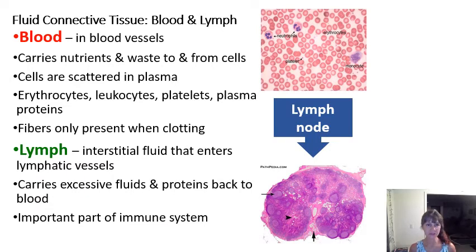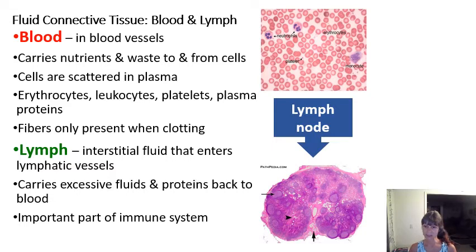This takes us to fluid connective tissues, which include blood and lymphatic fluid. Blood is found in blood vessels as well as in the heart, and it's responsible for carrying nutrients and waste to and from the cells of our body. The cells found in blood are scattered in a fluid portion of blood referred to as plasma.